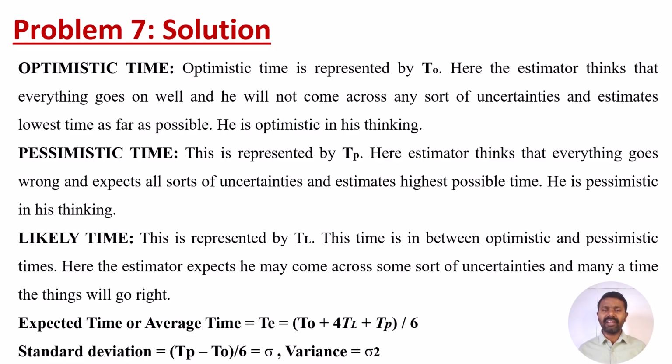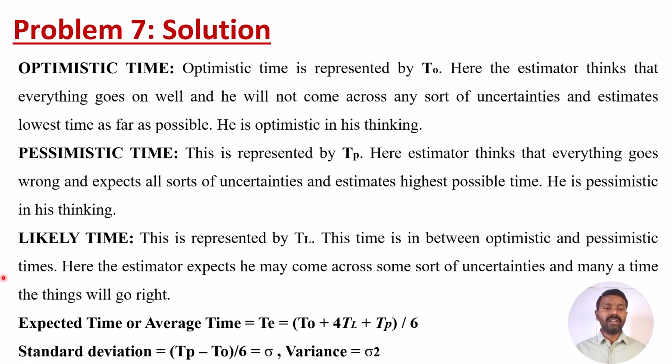Like that he will consider each and every possibility where the project could be delayed, and finally he will estimate the time by considering all sorts of uncertainty. So that is why the pessimistic time will be more compared with the optimistic time.